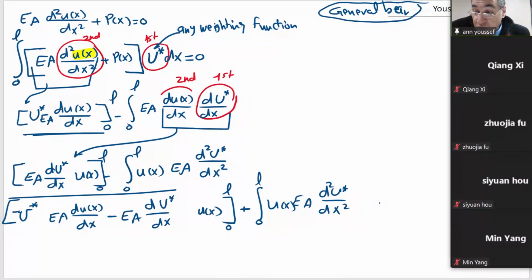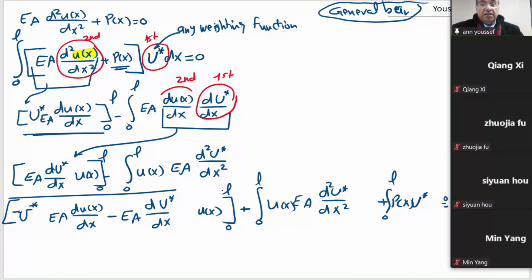We shouldn't forget the last term, the integral from 0 to L of p of x times u asterisk, equal to 0. So we end up with this very nice equation.